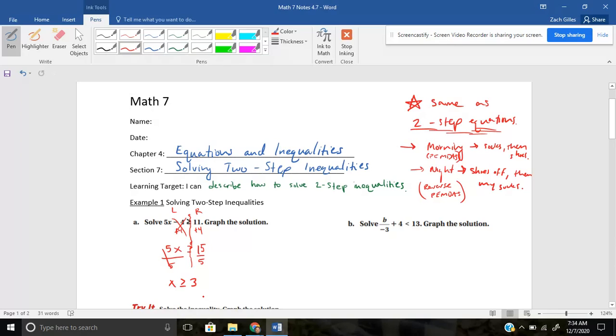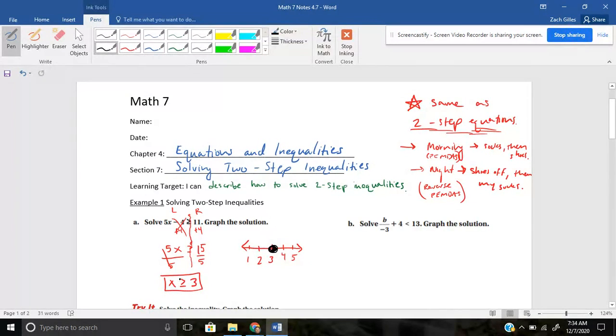And then when you graph, I think you've probably all got a lot of practice graphing by now, but start with my number in the middle. Numbers to the right are greater. Numbers to the left are smaller. Closed circle because it's or equal to.